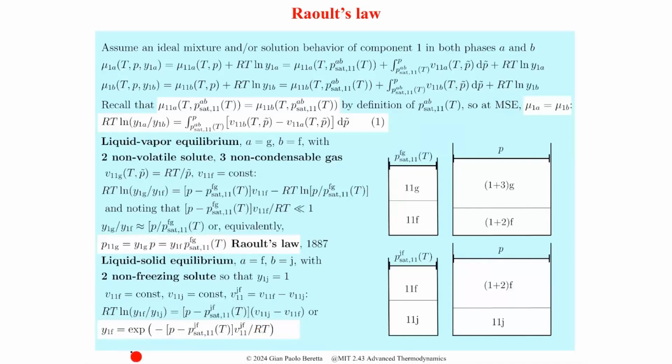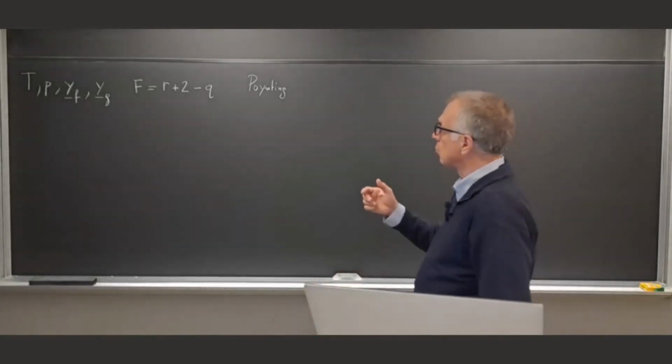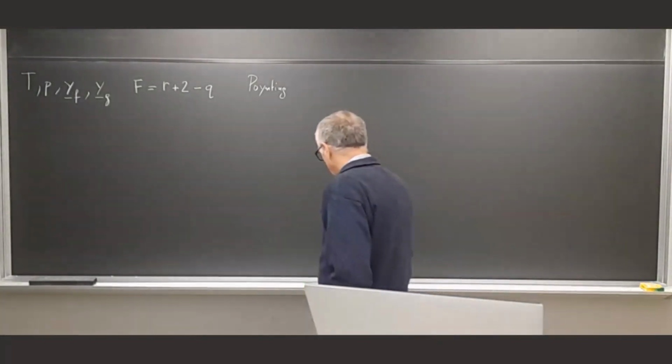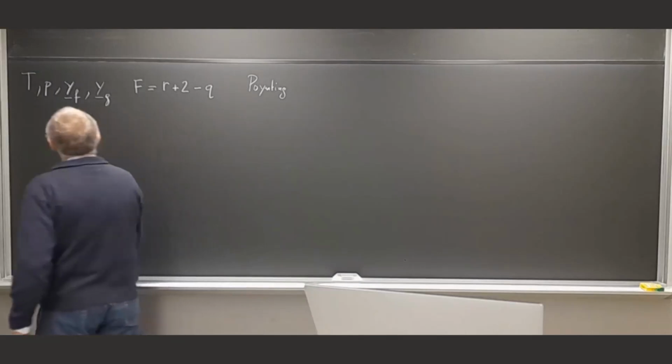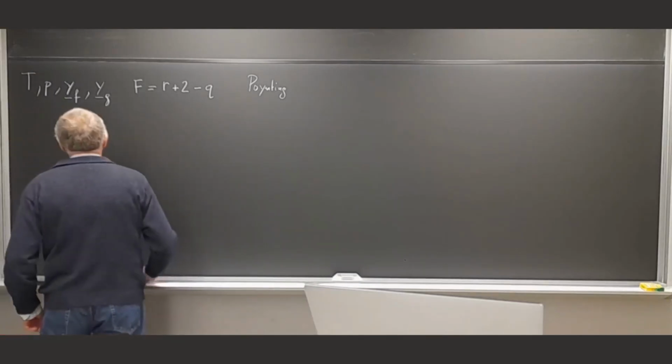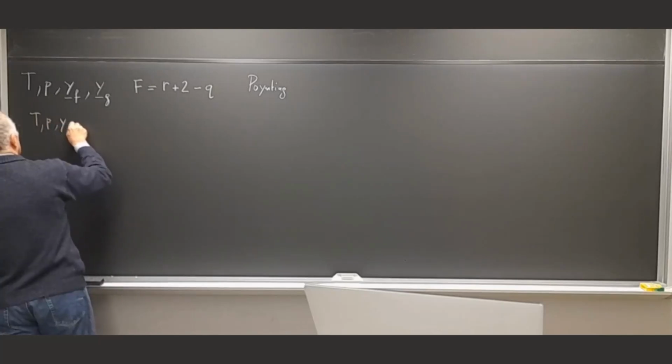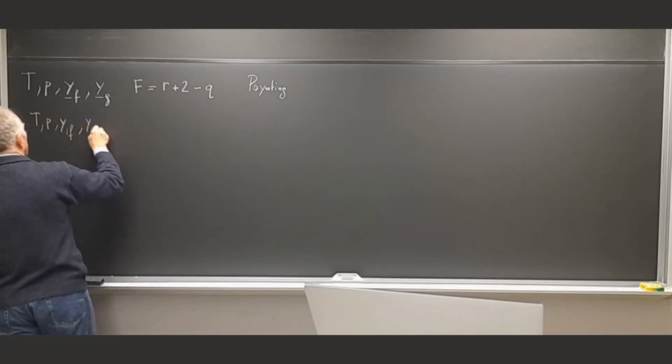So with this, you can compute these relations. And these have to do with the phase rule. So for example, in this case, since it is a binary mixture, it has just two components.